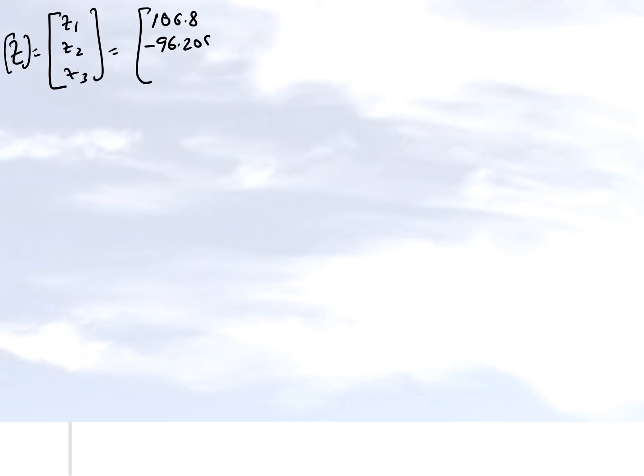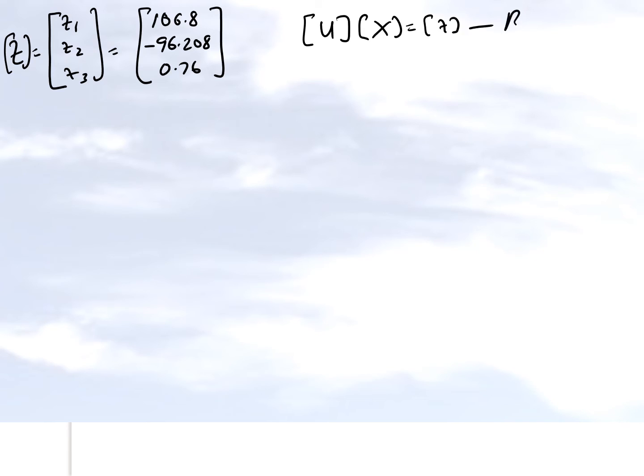So we have found out what the Z vector is at the end of the forward substitution steps, and we find Z1, Z2, and Z3 to be equal to 106.8, minus 96.208 and 0.76. So what we have to do now is the back substitution part.